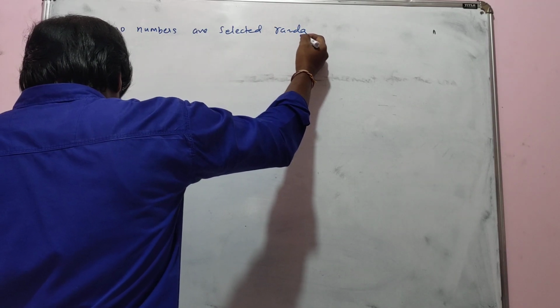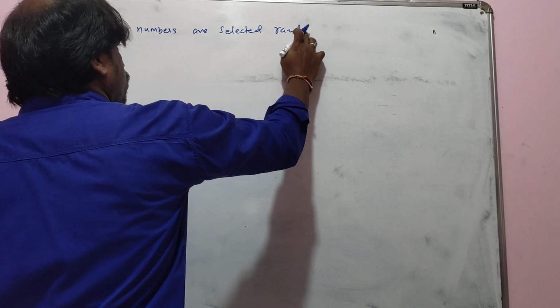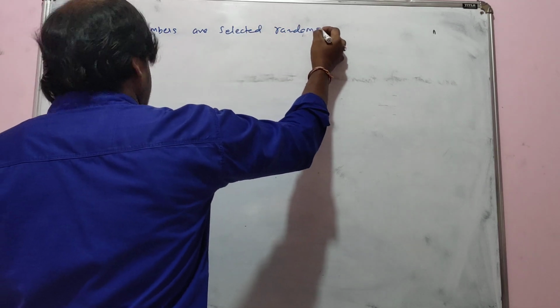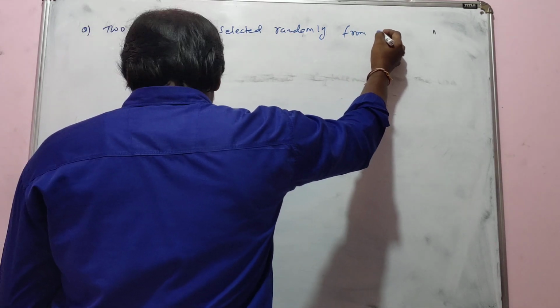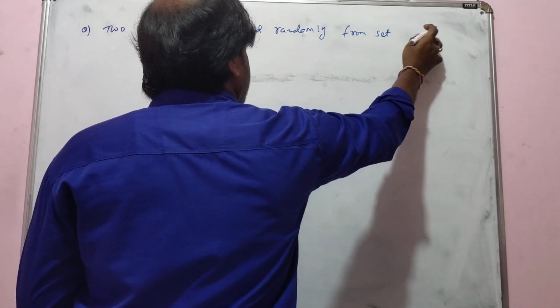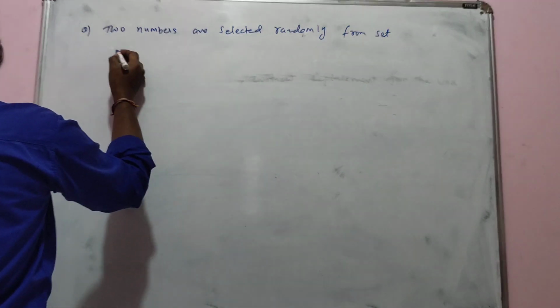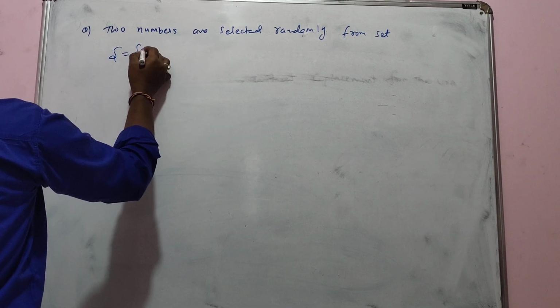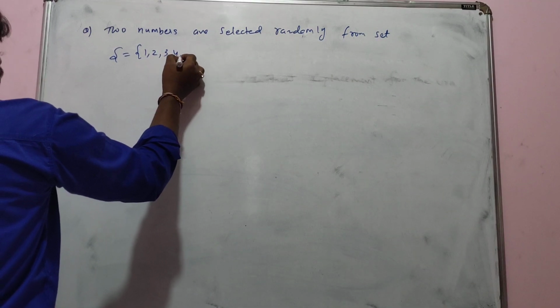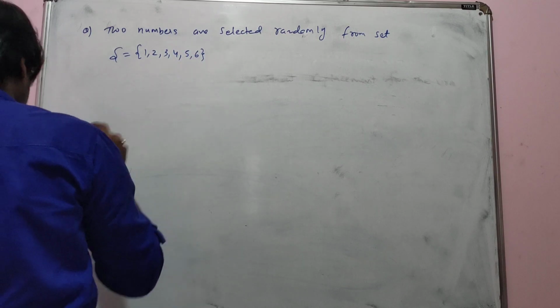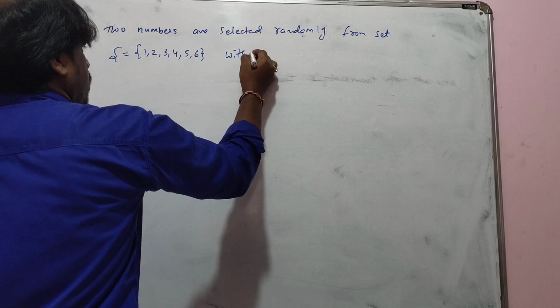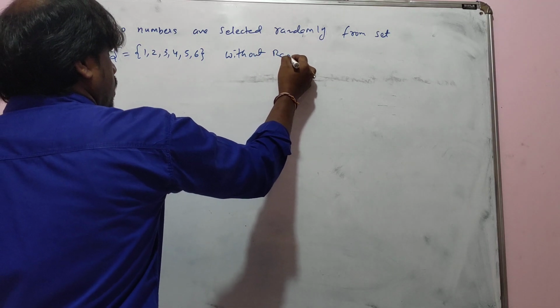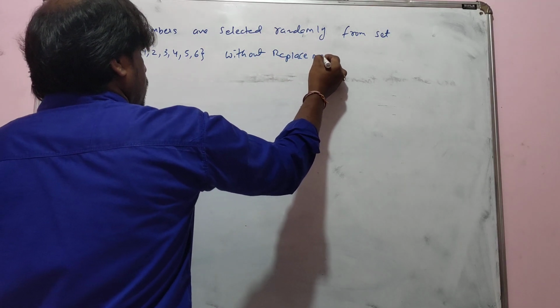Two numbers are selected randomly from the set S equal to 1, 2, 3, 4, 5, 6 without replacement, one by one.